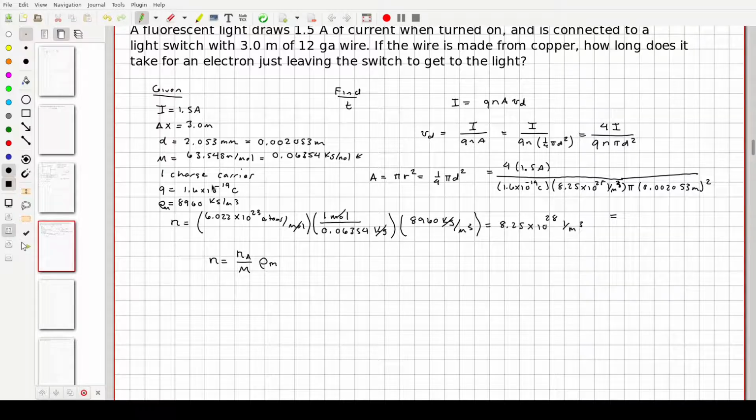And I get something like 3.43 times 10 to the minus 5th meters per second.